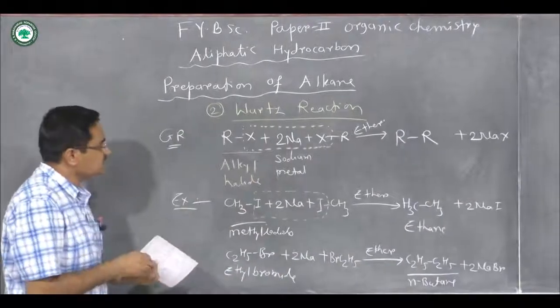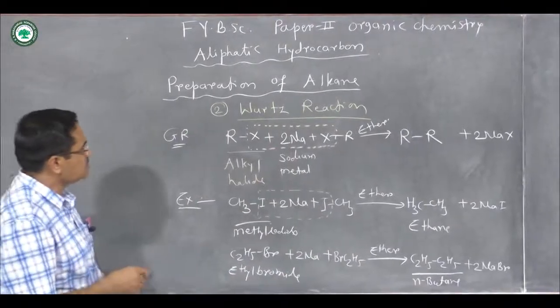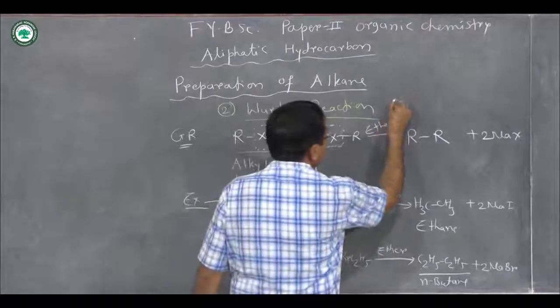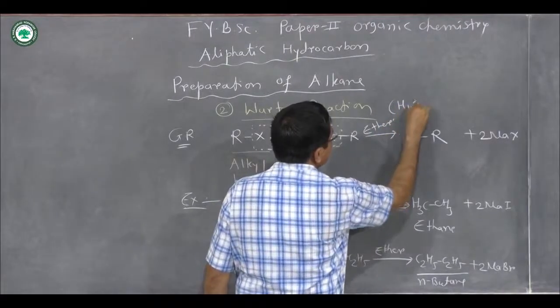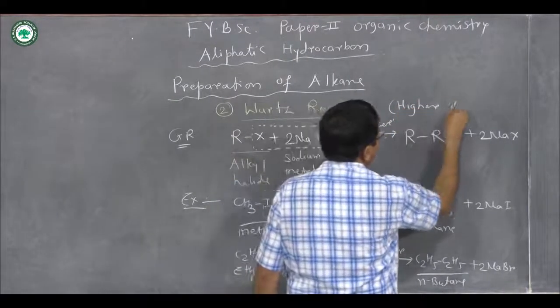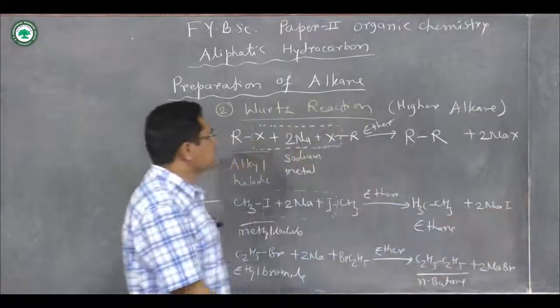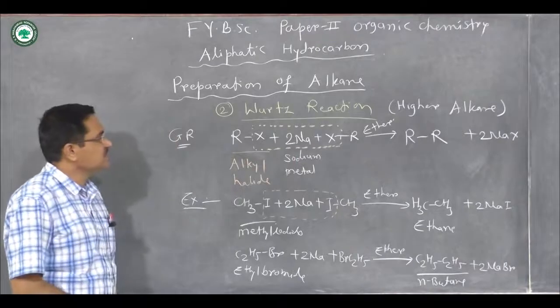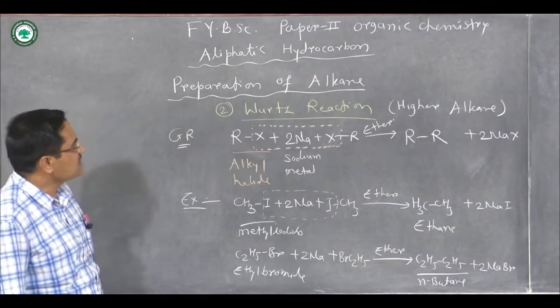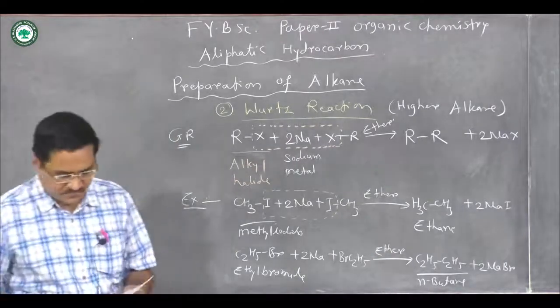So this is the second method for the preparation of higher alkane. In this case, we can't prepare methane with the help of this Wurtz reaction.